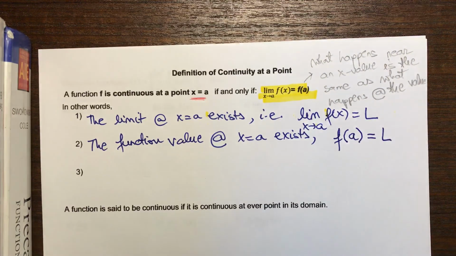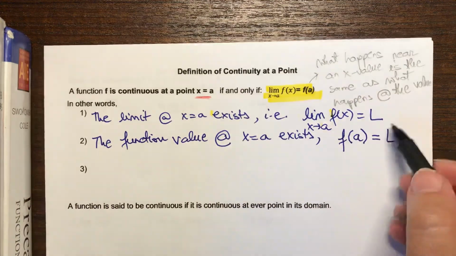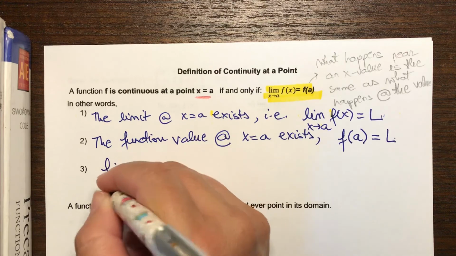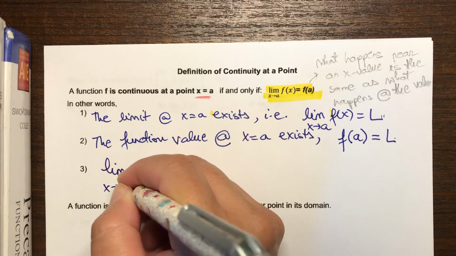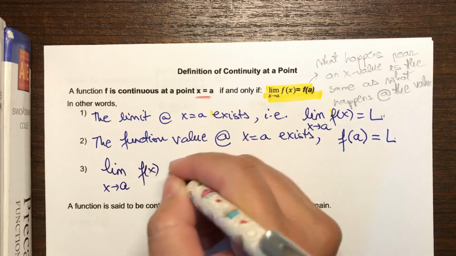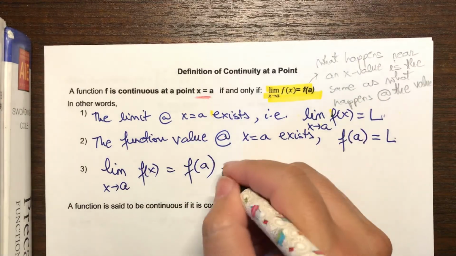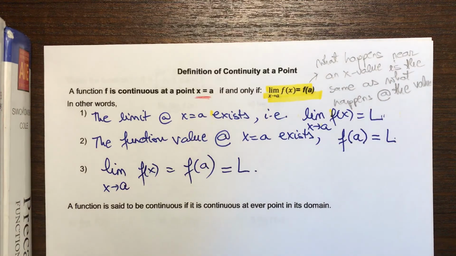There's no hole there, so you have a function value and you get a number, right? And the third part is that the 2 of them are one and the same, so you get the same number, right? So the limit as x approaches a is the same number you got when you plugged a into the function, right? They're both equal to the same value, okay?